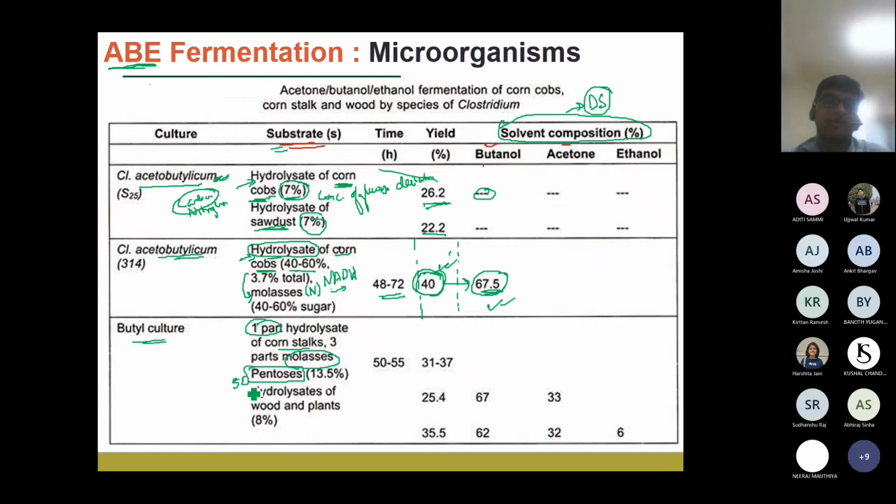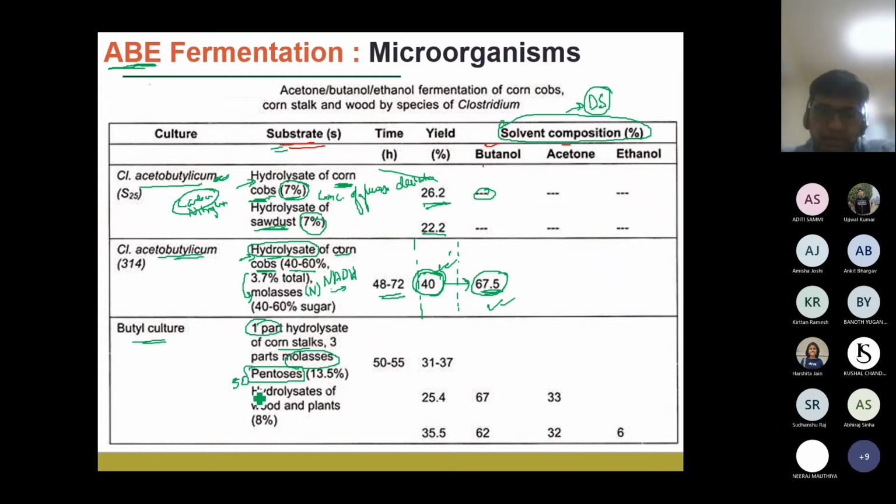Because most microorganisms metabolize glucose, which is a 6-carbon ring, and very few microorganisms are known to metabolize 5-carbon ring structures. We have already discussed why we require microorganisms which can metabolize both 6-carbon and 5-carbon rings, especially when we are using agricultural wastes like corn cob, sawdust, and so on.